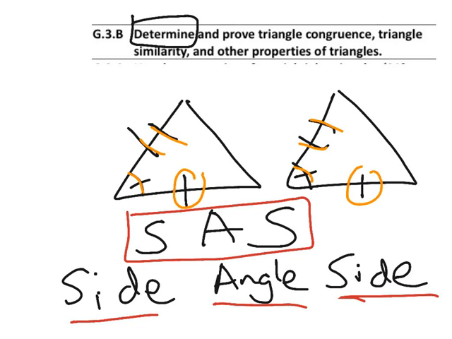This angle right here is called the included angle because it is in between the two sides. Alright, and you're going to need to identify the different scenarios based upon what combination of sides and angles you have. Again, this shortcut is called SAS, and it does work to prove two triangles are congruent.